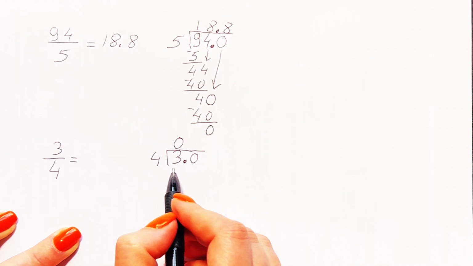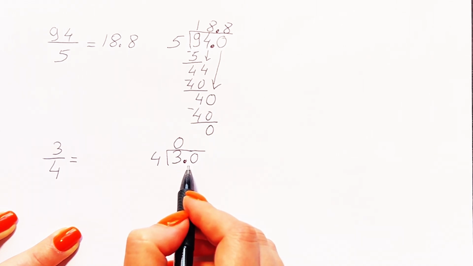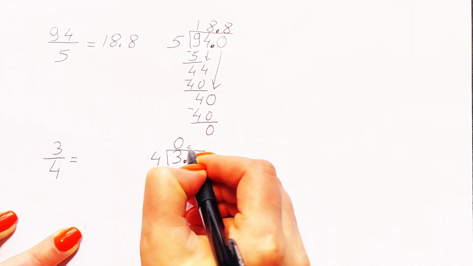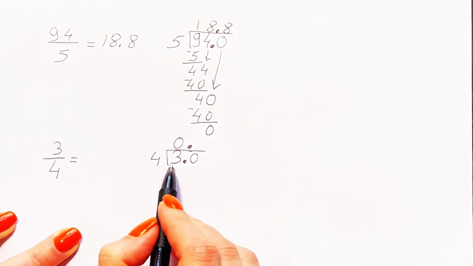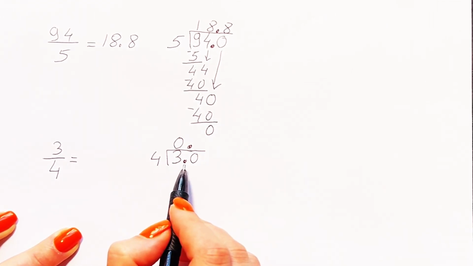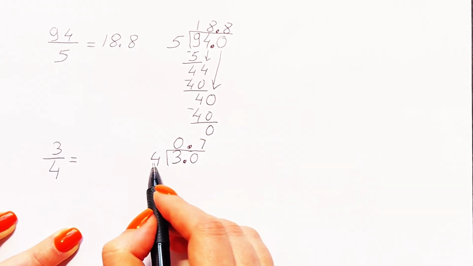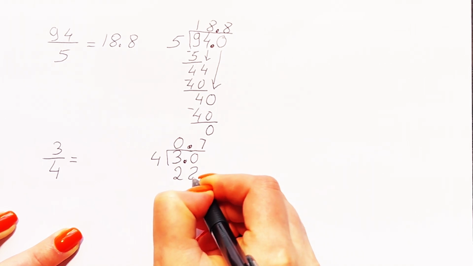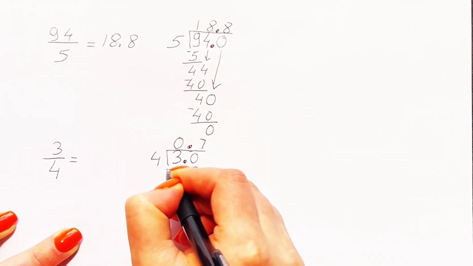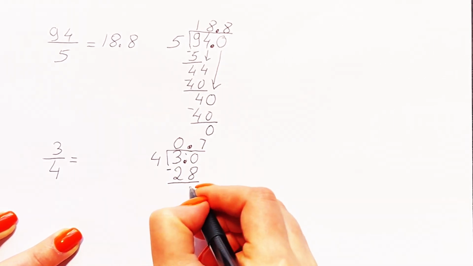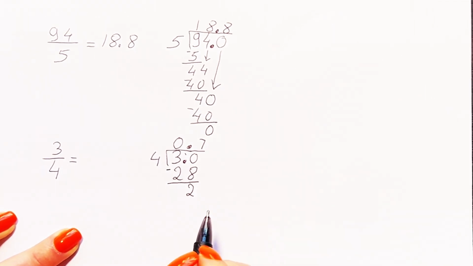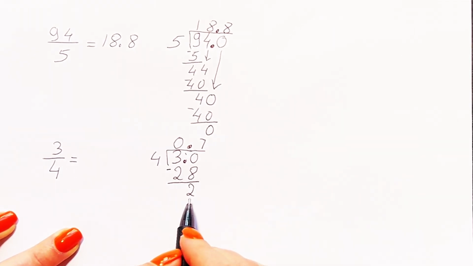Because 3 and 0 tenths has the same value. Okay, and I'm going to do the same thing in the answer's place. 4 goes into 30, 7 times. 7 times 4 is 28. I'm going to subtract and get the remainder of 2. Okay, I don't need a remainder, so the remainder has to be 0.